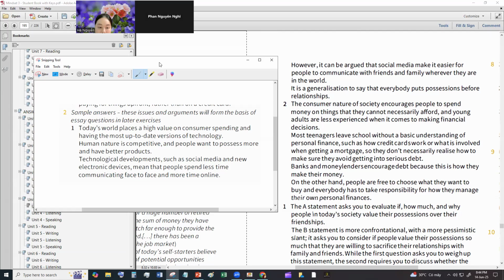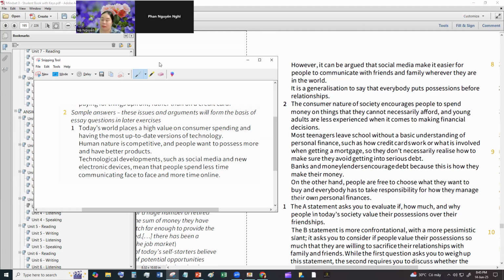So those three supporting ideas are what you can use to support statement number one: material possessions more important than relationships. Okay, what about opposing, disagreeing? What points disagree with statement one?